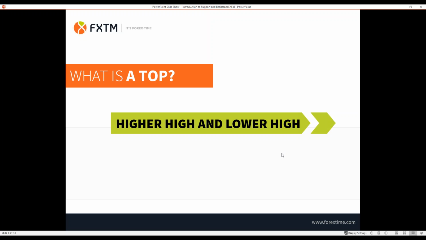Next definition, higher high and lower high. As you see here, we need 3 candlesticks. So the middle one is higher than the one to the left and is higher than the one to the right. As simple as that. And of course, this high in the middle will be our top.